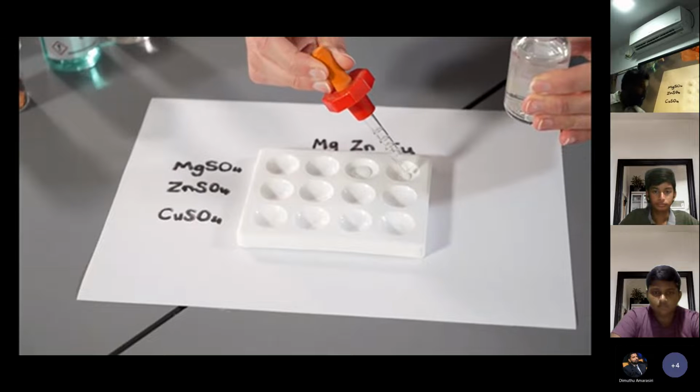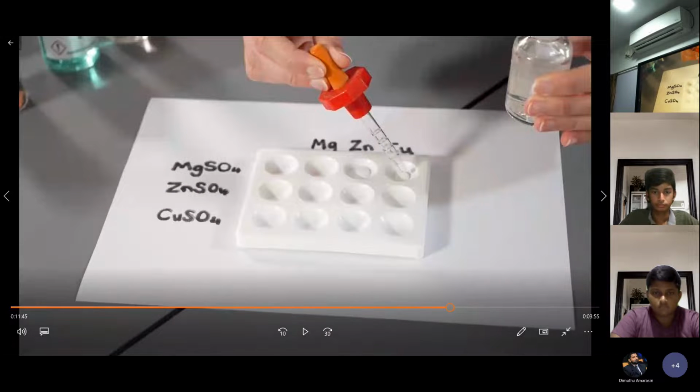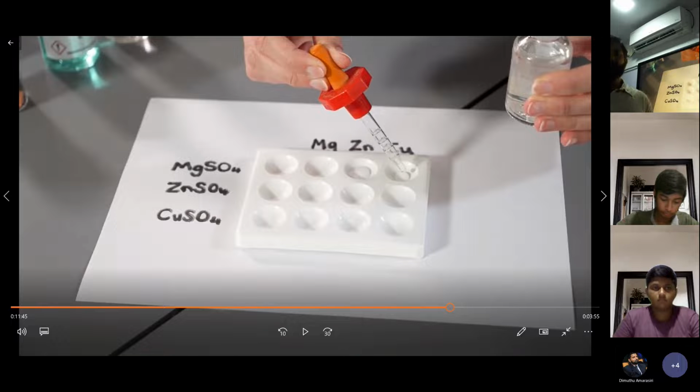Do you want to have the table drawn? Right? So don't draw the diagram. Have the table, and you are going to write the observation in the middle of your table cells.